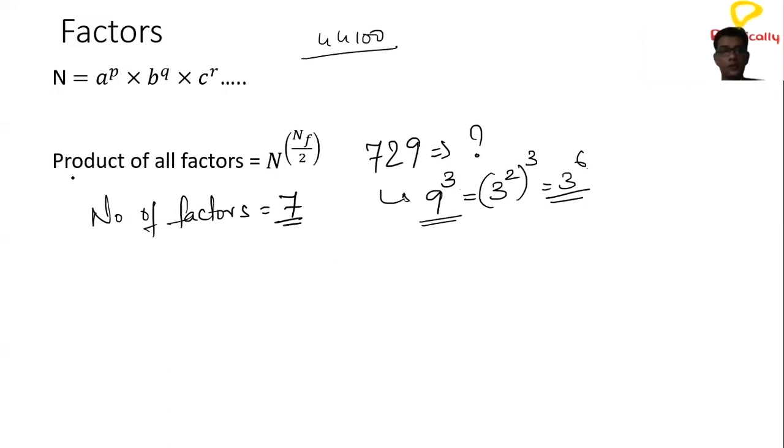Okay. So what is the product of all the factors? Now because your number of factors is odd, remember that this is a perfect square. Because your number of factors is odd, you will have nf by 2, that is number of factors divided by 2, as a fraction.